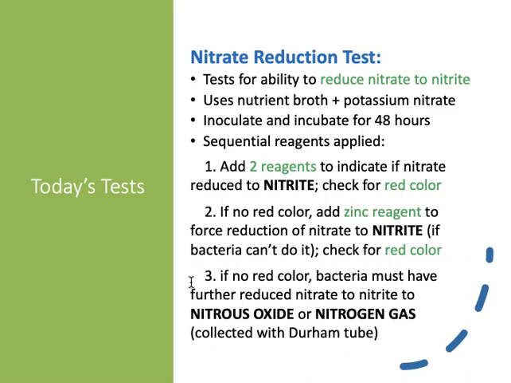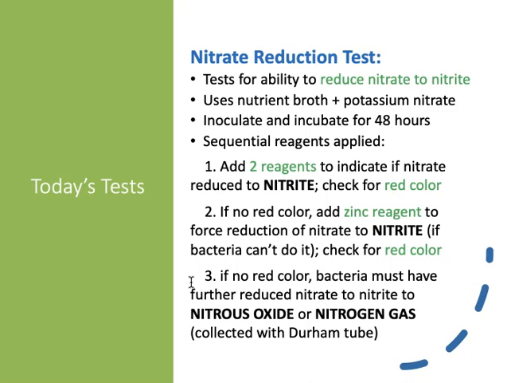Which product was produced? Inside the nitrate reduction broth, there's a tiny little test tube that is placed upside down into the broth. This is referred to as a Durham tube. The reason we place Durham tubes like this is because they will catch any gas that gets produced during a metabolic reaction.